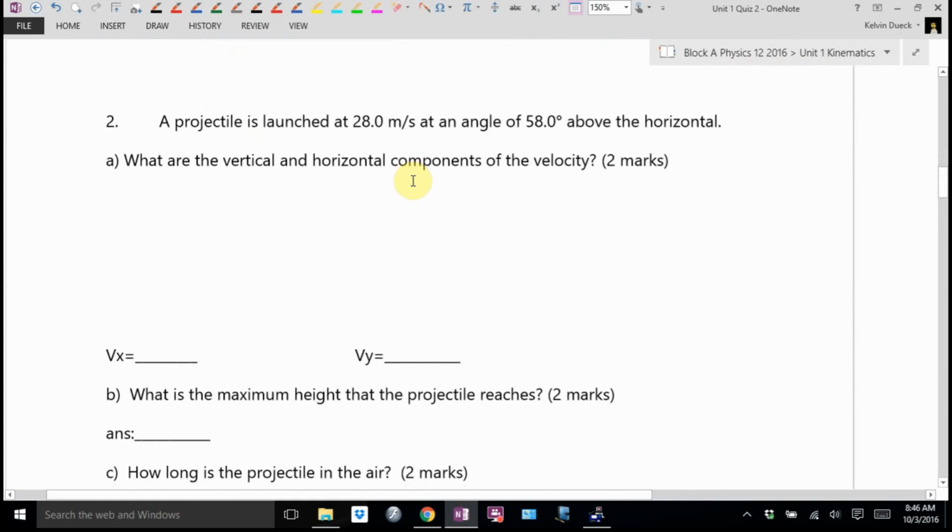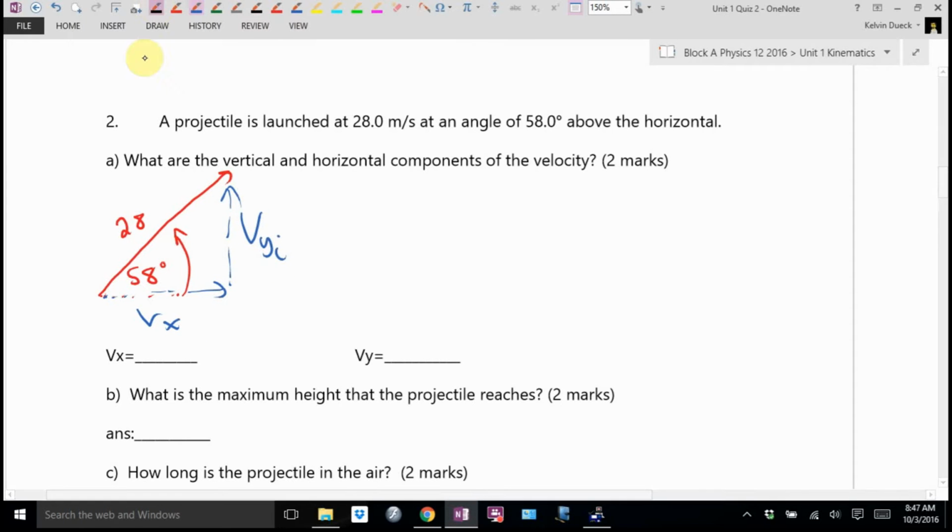Number 2, a projectile is launched at 28 meters per second at an angle of 58 degrees above the horizontal. What are the, you know what? I better draw it. 28 meters per second, 58 degrees above the horizontal. I'm going to find vx. I'm going to find vy. Hypotenuse, adjacent, opposite.